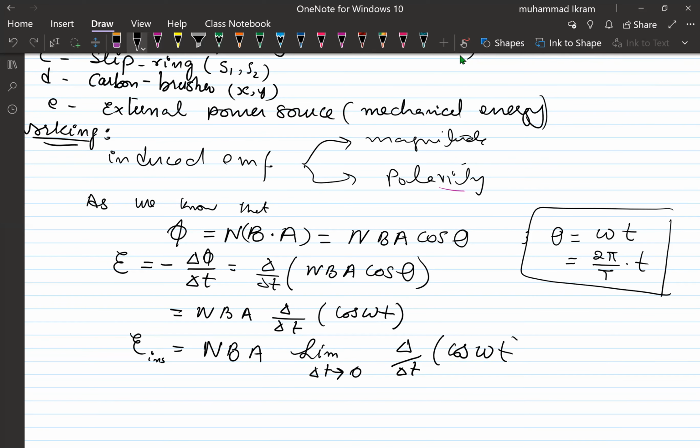This is a pure mathematical function, and mathematically this term is equivalent to minus omega into sine omega t, right?